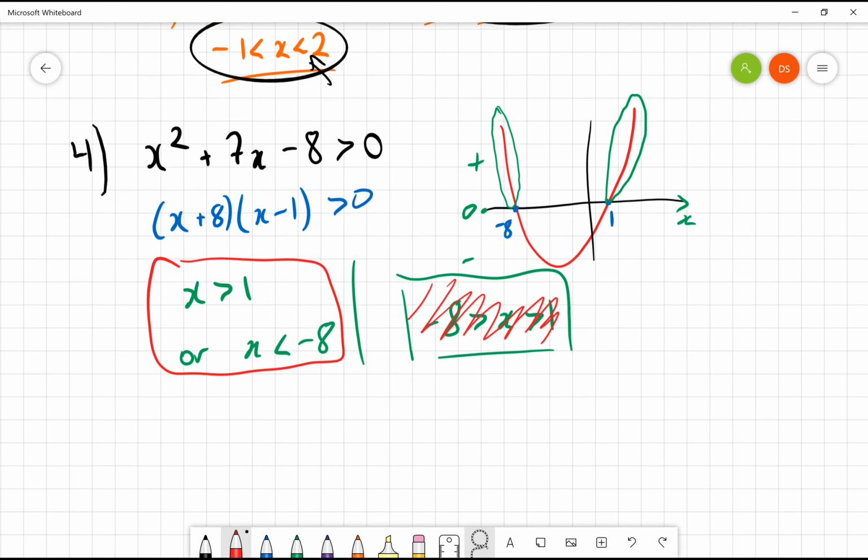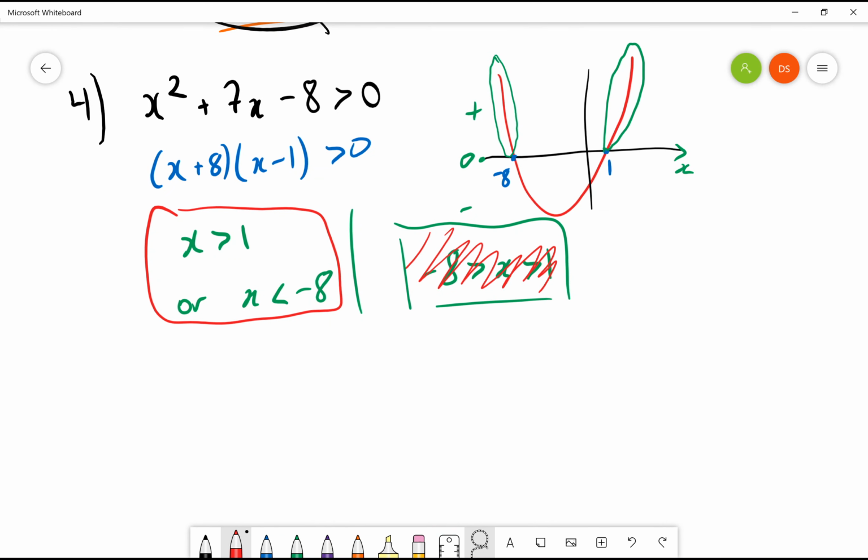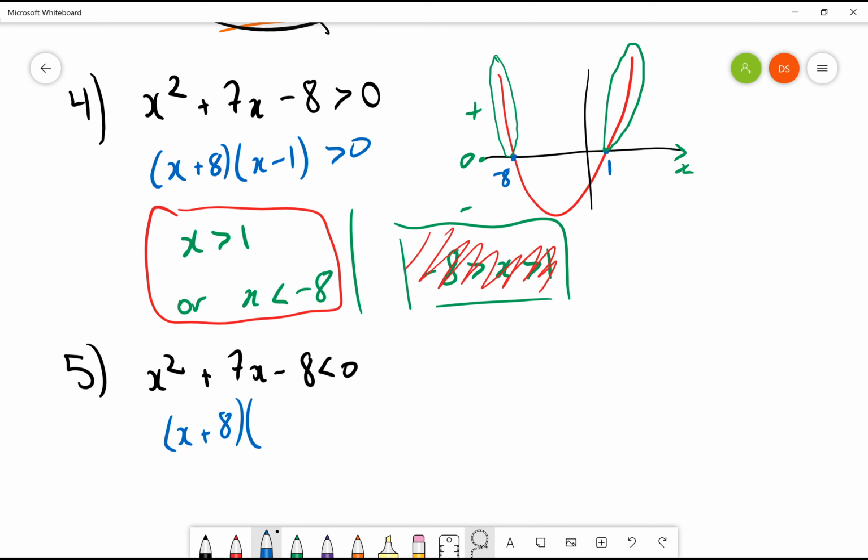Whereas if my question was less than 0, sure, you will do the same maths, and then you can comfortably go, yes, x is between 1 and -8, or -8 and 1.